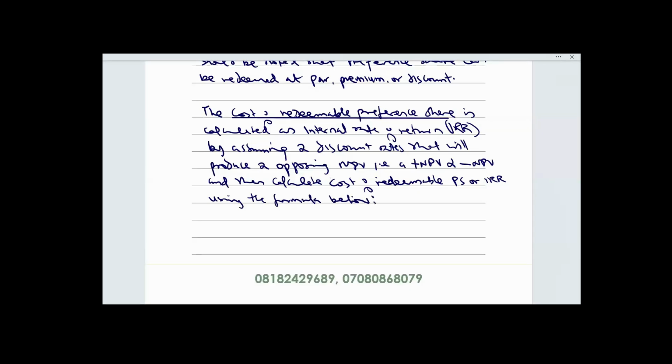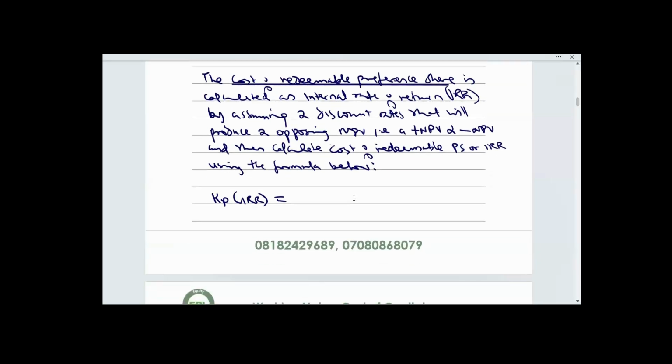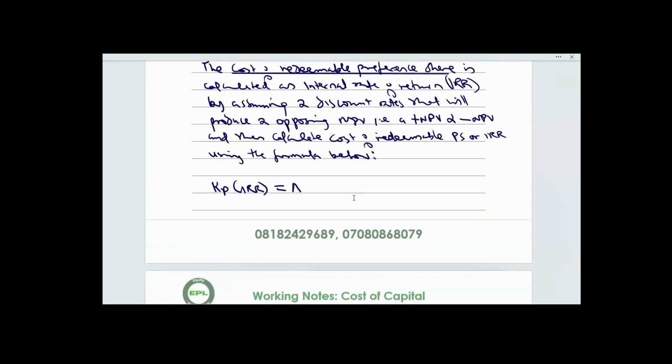So KP, which is cost of redeemable preference share, which is the same thing as internal rate of return, is calculated as lower discount rate plus the NPV of the lower discount rate divided by NPV of the lower discount rate plus the NPV of the higher discount rate. All of this multiplied by higher discount rate minus lower discount rate.